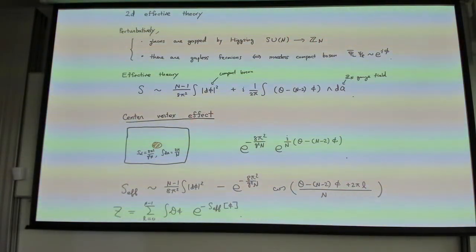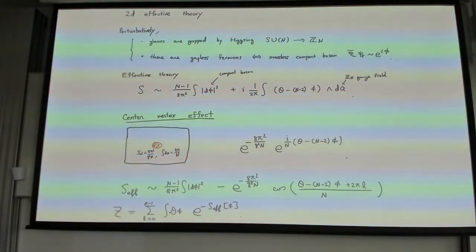The center vortex can be given by some non-trivial field strength of this discrete gauge field. Although this is a discrete gauge field, there is a UV cutoff of this effective description, so there can be a non-trivial field strength for this Z_N gauge field.